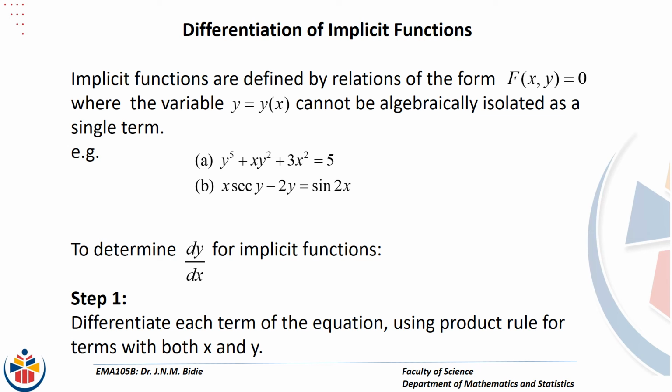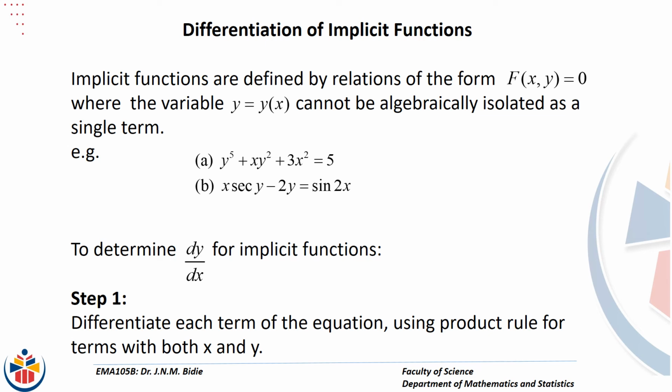What if then we have a situation where we've got problems or given functions that are not explicit? Explicit, that is, you are able to separate the variables. What if they are implicit?